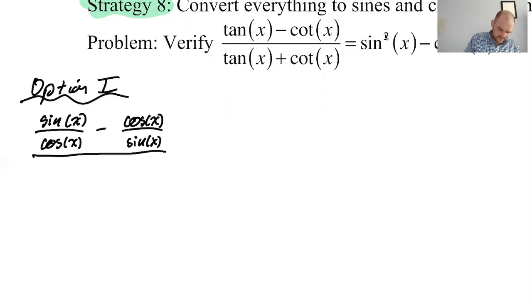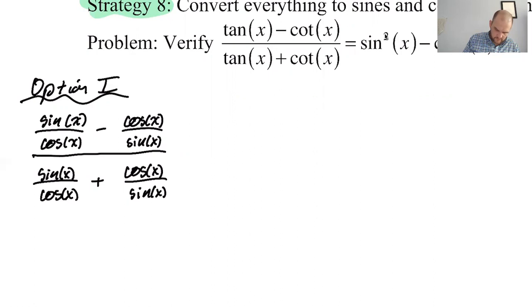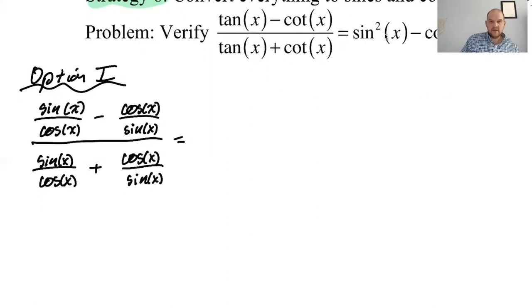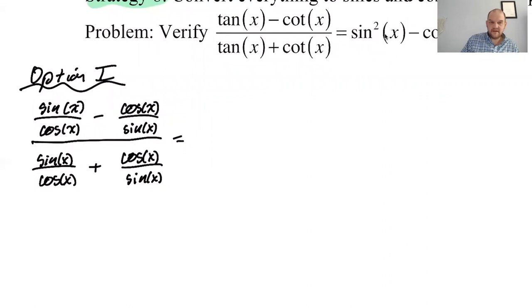And then tangent, we know, is sine over cosine. This way is also a lot of writing, which is everybody's favorite. Okay, there we go. So now I see a lot of fractions that I can probably combine.